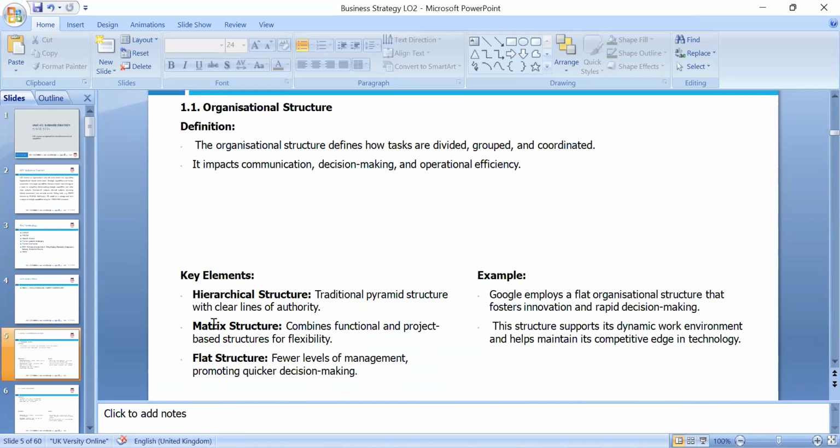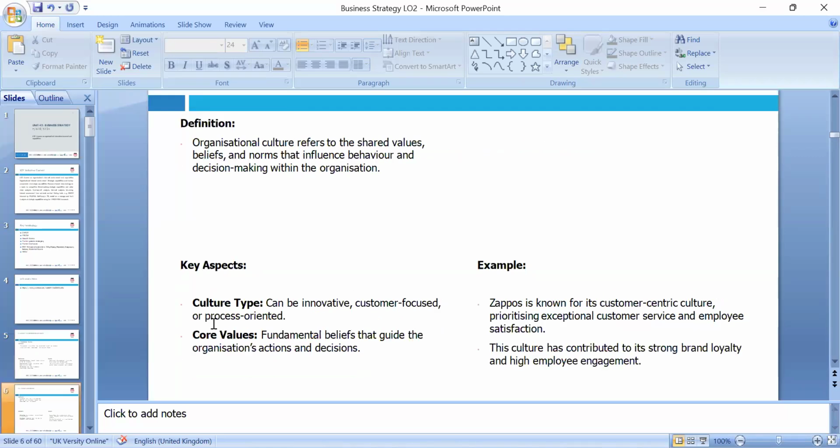In a flat organization structure there are few layers and quicker decisions. The flat structure fosters innovation and rapid decision-making, supports a dynamic work environment, and helps maintain a competitive edge.